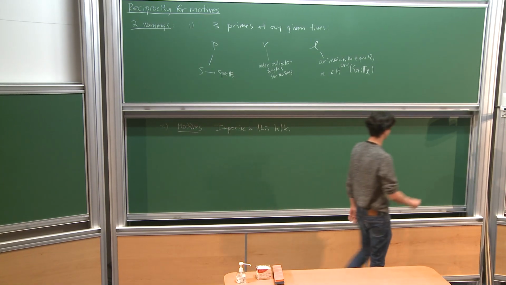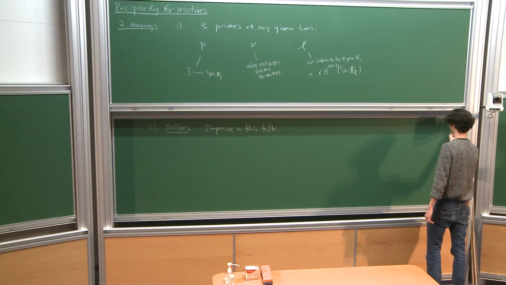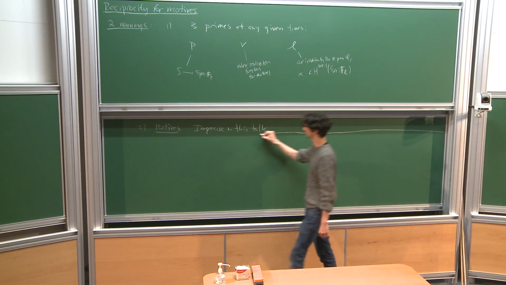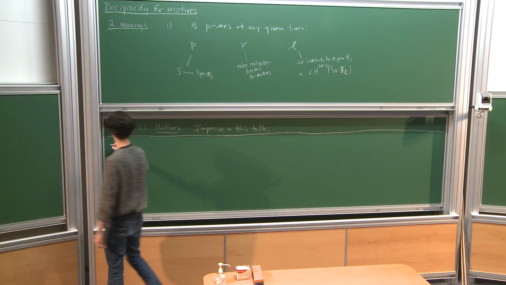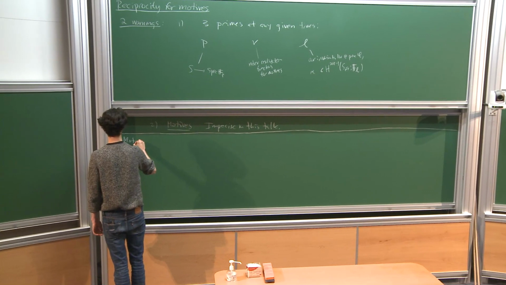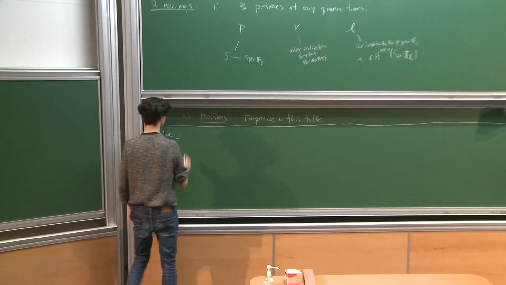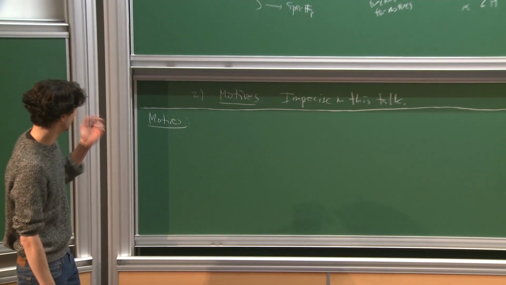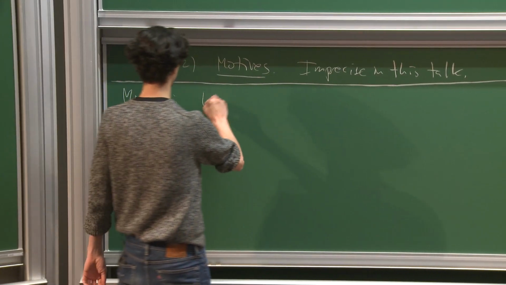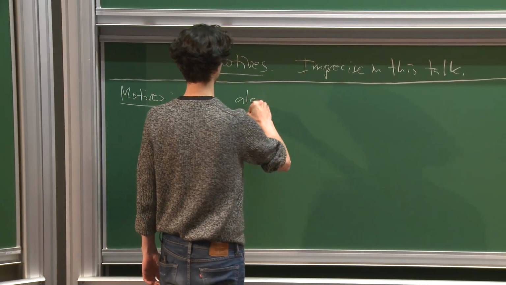Okay, so with that out of the way, maybe I'll actually start with motives. I'll start by recalling the basic idea. Maybe in the simplest context, let's say K is an algebraically closed field.